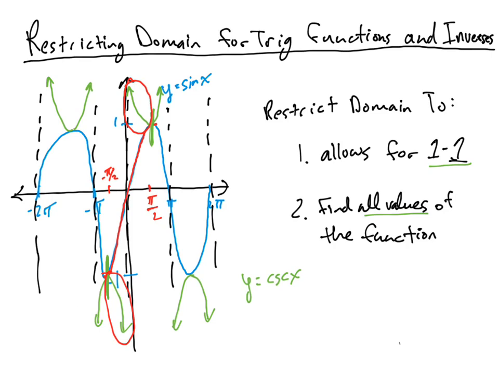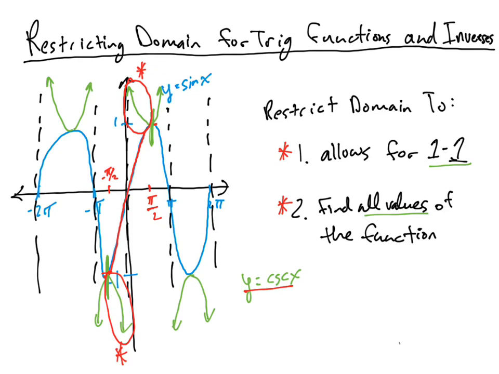If we just cut those parts of this cosecant graph in half, and just look at this one down here and this up here, we have a domain from negative pi over 2 to pi over 2 that allows for the function to be 1 to 1, and also gives us all possible values that would appear for the cosecant function.